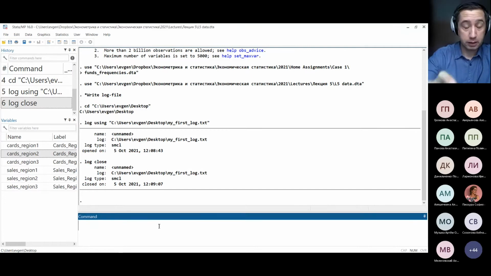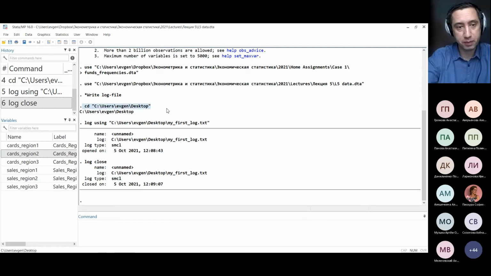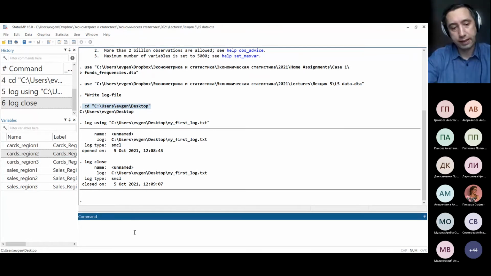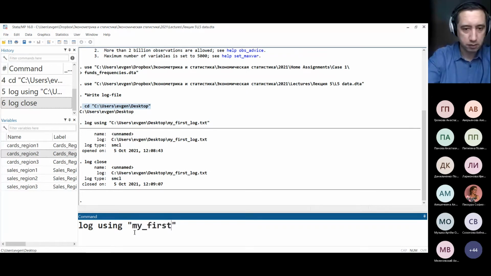In practice, we usually use another way to open a log file. We defined a working directory, and everything we do in Stata we can save in this directory. Hence we can open a log file by typing log using, and in quotation marks type the file name, for example, my first log, comma, replace.